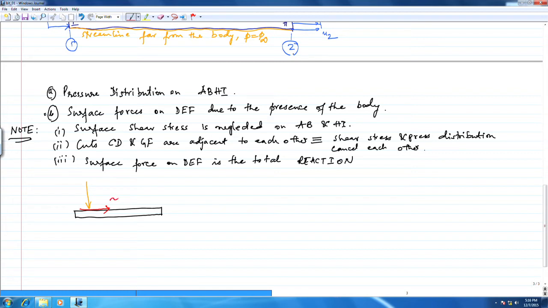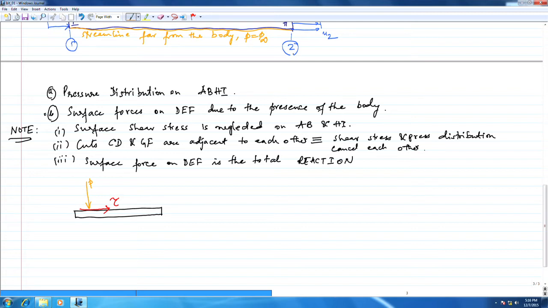So, this is the shear stress and this is the pressure. This is being caused due to the flow of fluid.